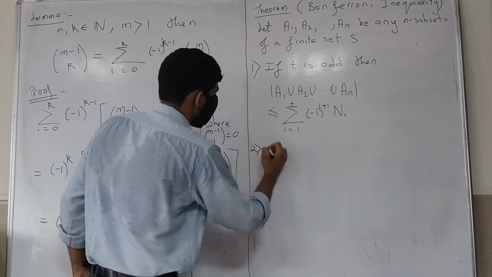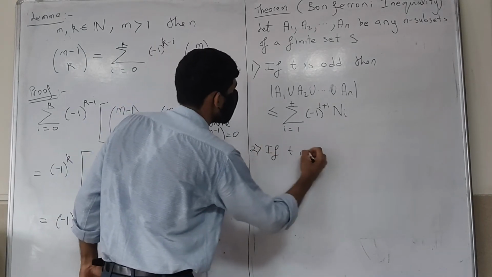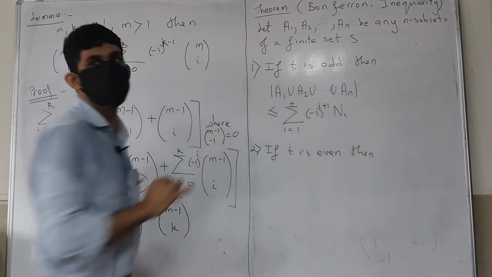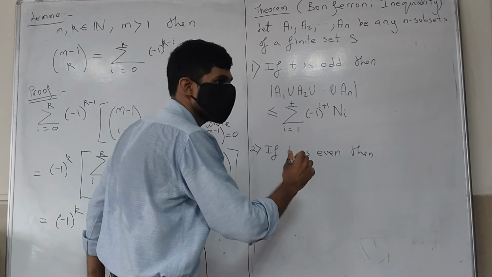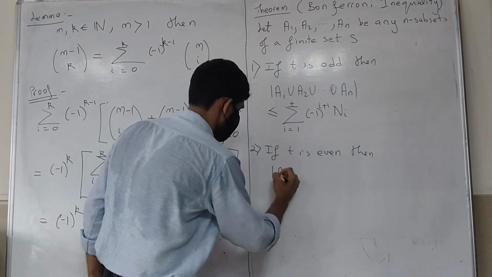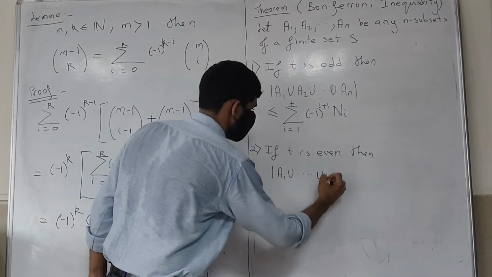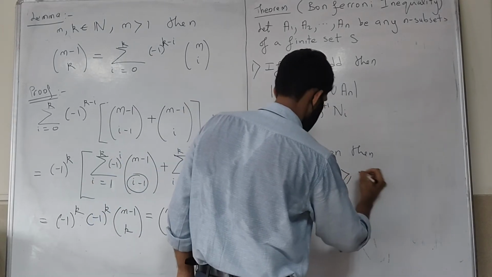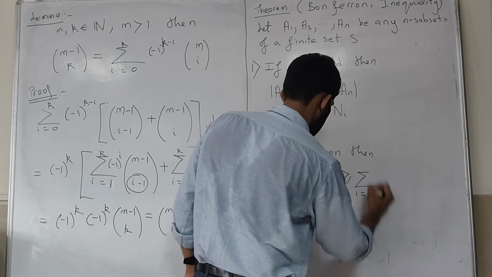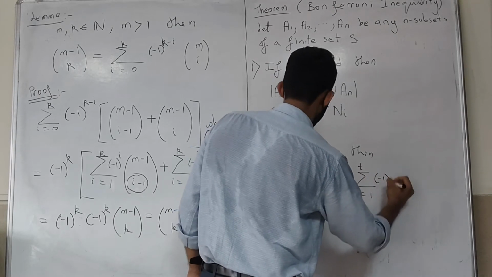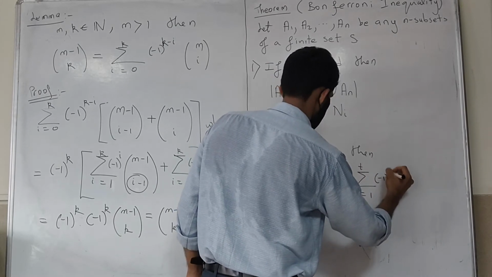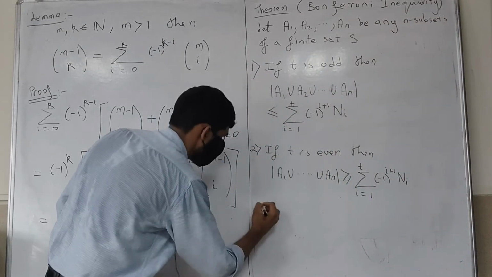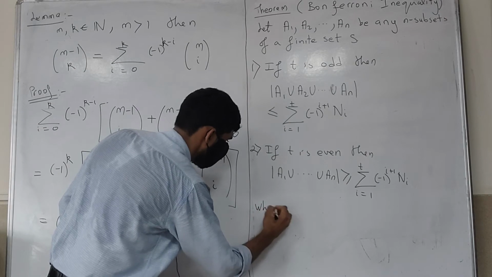And 2, if t is even, then the inequality just reverses, that is, this is going to be greater than or equal to. So what we want to know is, what is my Ni?